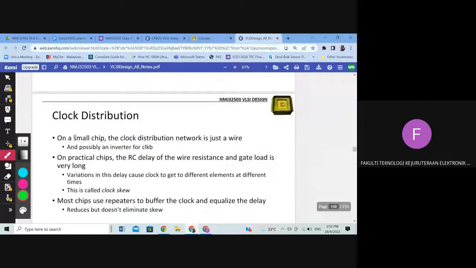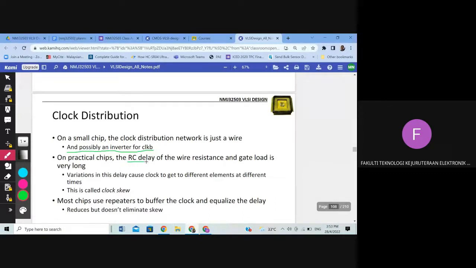On a small chip, the clock distribution network is just a wire. As I mentioned, we use wire to send the clock throughout the chip, and possibly an inverter as a clock buffer. We use inverters inside the clock distribution network to reduce the delay. On a practical chip, there is RC delay.